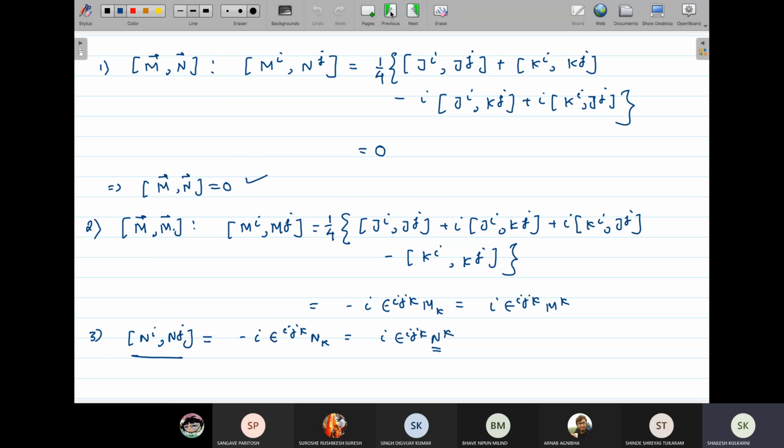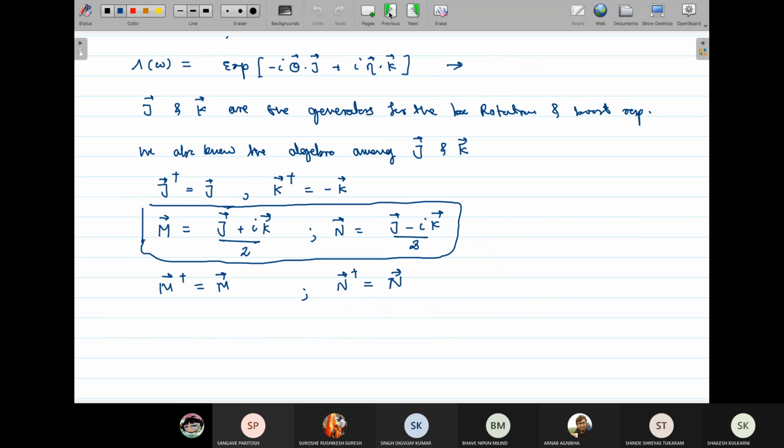So this redefinition of generators allows us to identify the Lorentz algebra as a direct product of two rotation algebras. Is this clear?